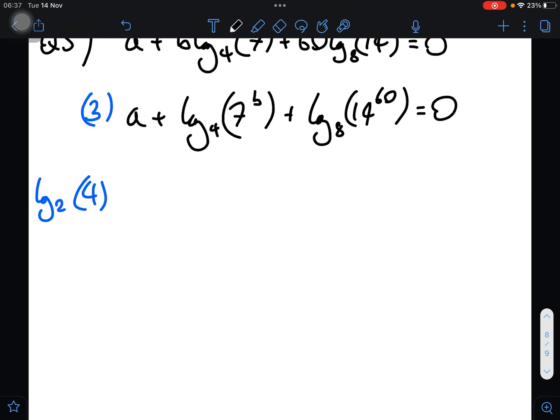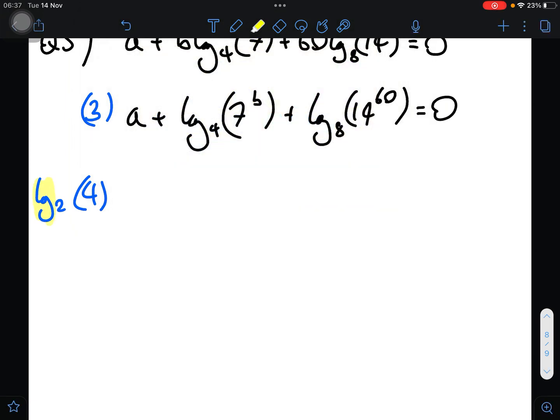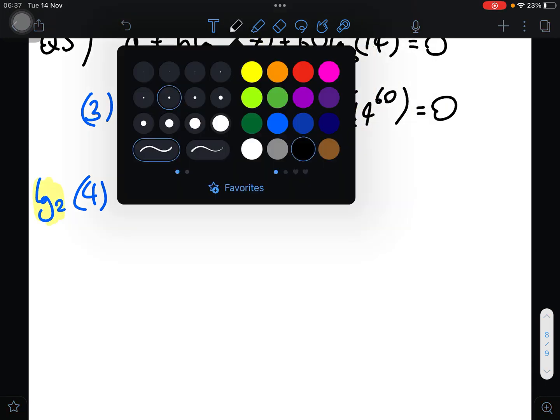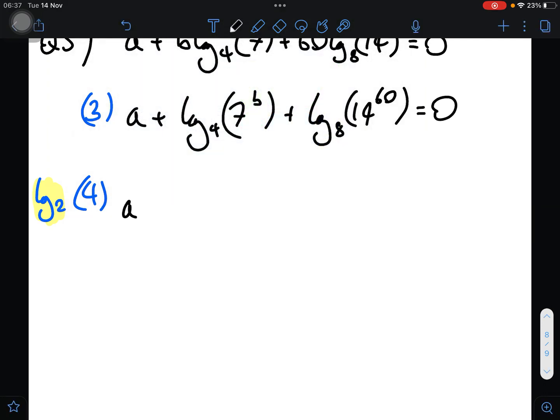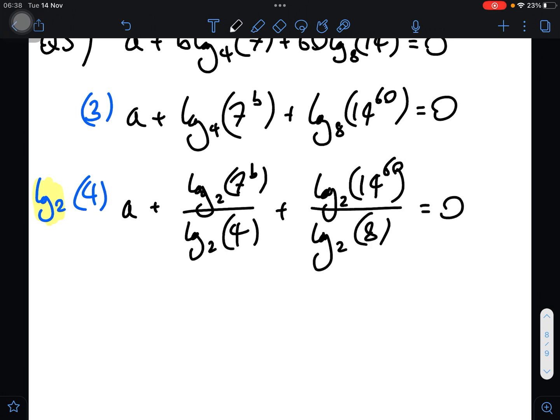We're going to do it with log 2 to start off with. So using our change of base rule, we get log 2 of 7b over log 2 of 4, and we get log 2 of 14 to the power of 60 over log 2 of 8 equals 0.